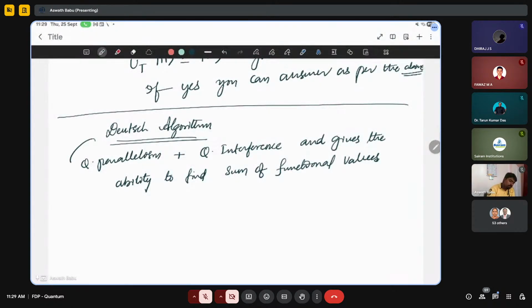Okay, so that is what the Deutsch algorithm is. Not just only functional values, not just f of 0, f of 1, f of 2, f of 3. We'll also be able to find the sum of functional values. That is the Deutsch algorithm.